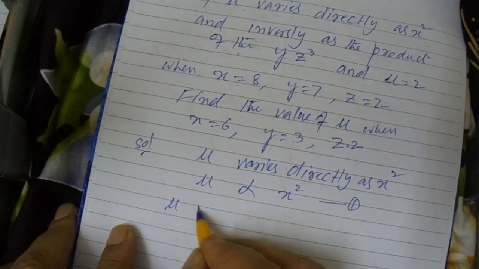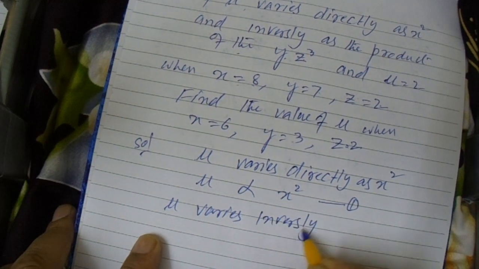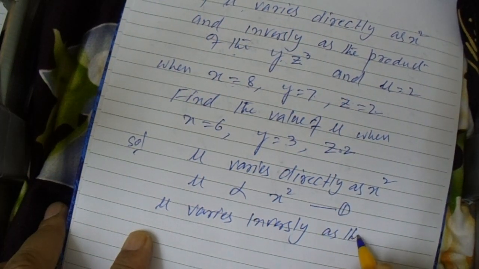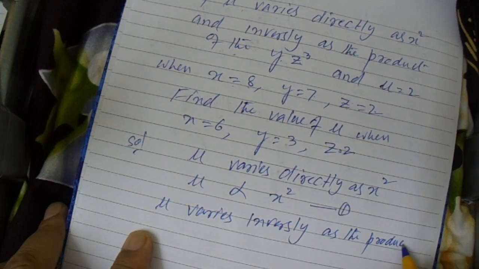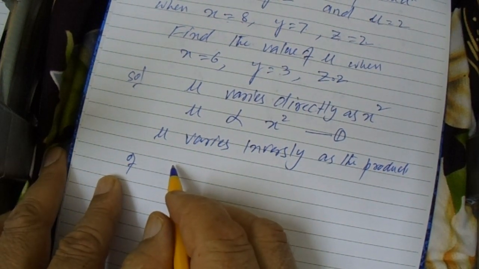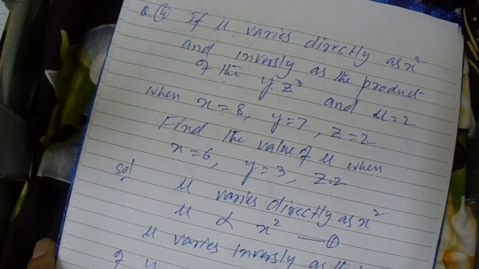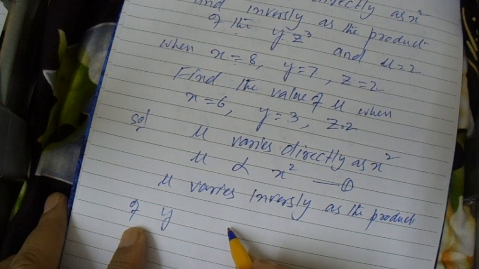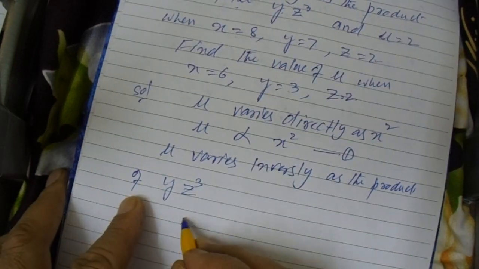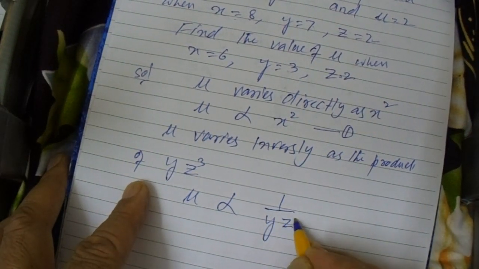Now u varies inversely as the product of yz³. This means u varies as 1 over yz³.